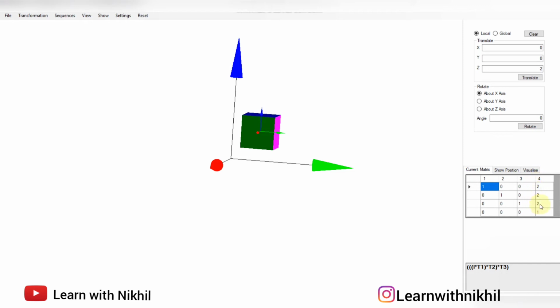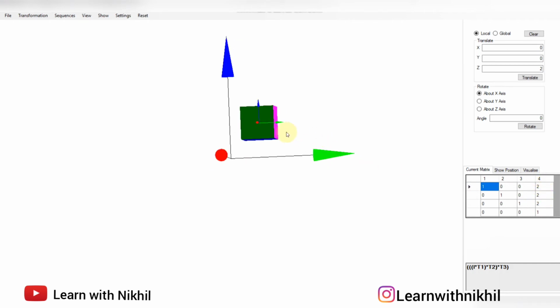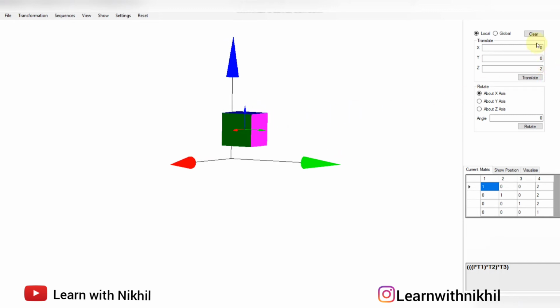So this is a vector and this is a 3 into 1 matrix, and this is represented as the position matrix. So this is small qx, small qy and small qz. So when we are in the bracket, we can write small qx, small qy, small qz, which is 2, 2, 2.